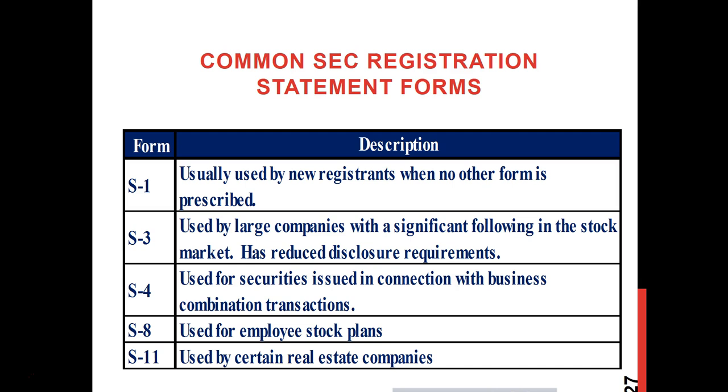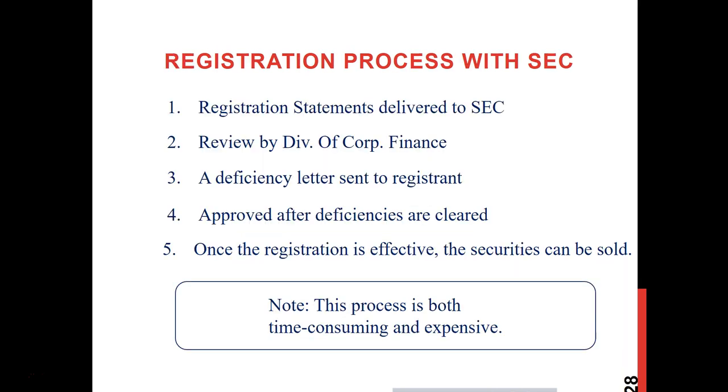So here we'll talk a little about the registration process. The actual registration process is long and time consuming. It is composed of a series of events leading up to the SEC's permission to go effective.